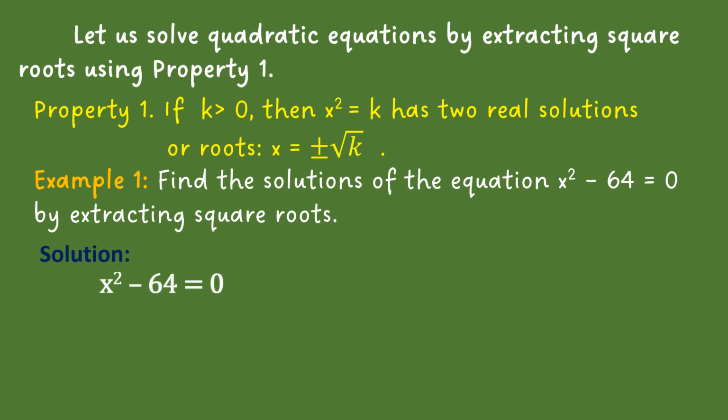X squared minus 64 equal to 0. To solve this, we add the additive inverse of negative 64 to both sides of the equation, and we have x squared is equal to 64.